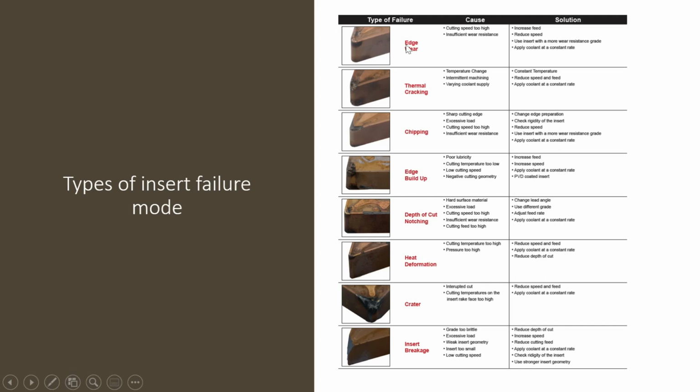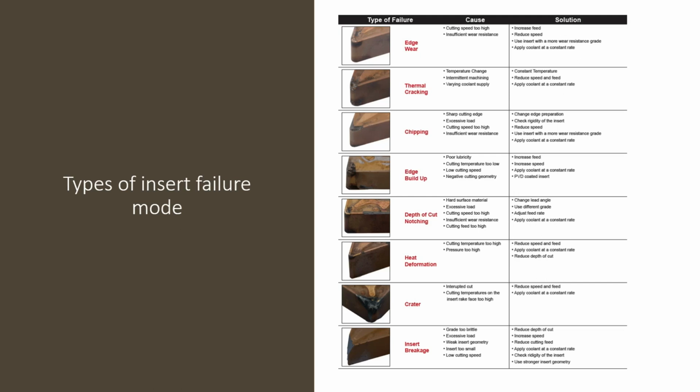Edge wear is caused by a higher cutting speed, meaning you are machining the material with a higher cutting speed and insufficient wear resistance, then that may lead to edge wear. So the solution will be to increase the feed, reduce the speed, use an insert with a more wear-resistant grade, and apply coolant at a constant rate.